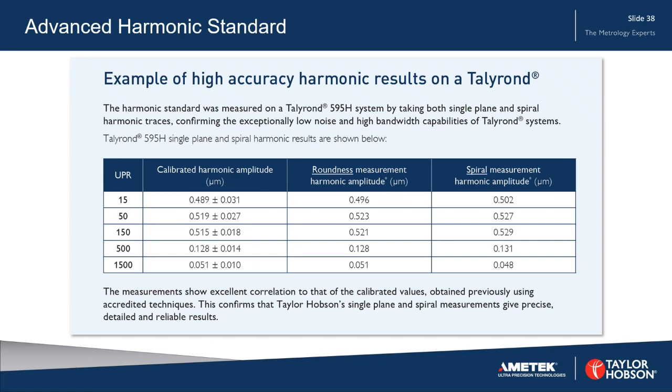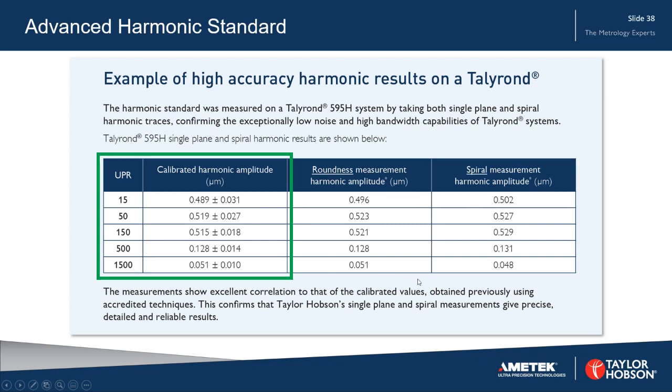So this is an example using that harmonic standard of measurements taken on a roundness measuring instrument, in this case a Talyrond instrument, and we have here the actual values from our UKAS laboratory from the harmonic standard, and for each of these harmonics there is an associated amplitude with an uncertainty value given as well.